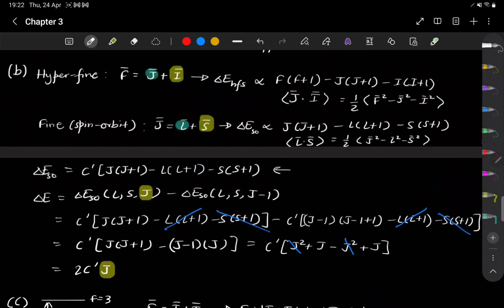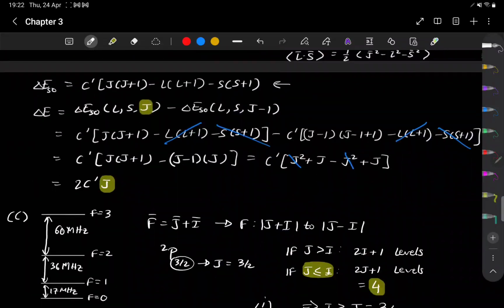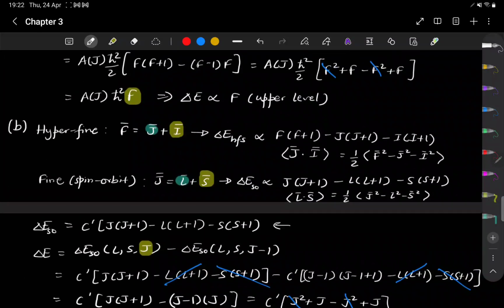So we will make use of the interval rule that we just derived previously.